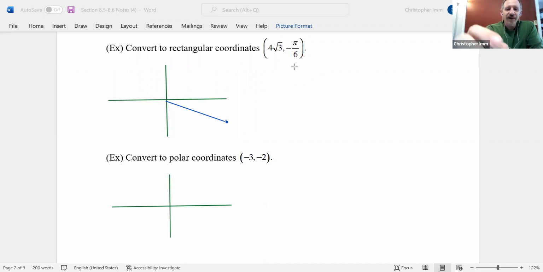So I want to find that point. And then the next one, this is actually in rectangular coordinates. So that one's going to be easy for me to plot. Okay, so that's easy to plot in rectangular, but we'll want to look for it in polar coordinates here.